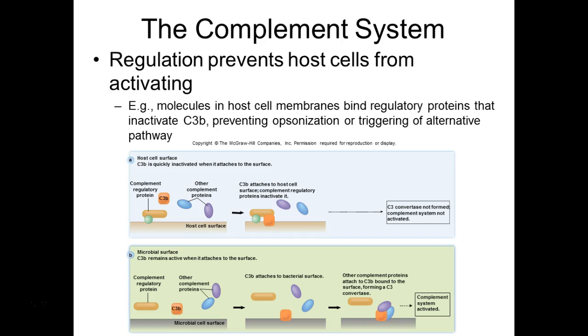Microbes, of course, don't have protection against this. So the C3b binds, other complement proteins bind, as we saw in the animation, and we get activation of complement. For our cells, regulatory proteins stop C3b that's bound from interacting with the complement proteins.